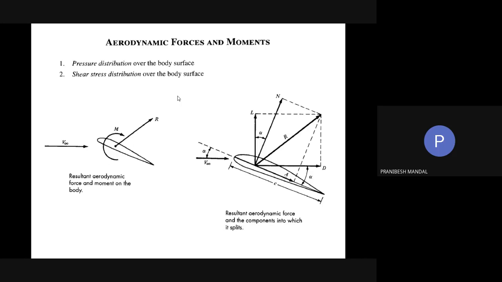So the resultant force will be very less and the lift force will be very less, and momentarily the lift required for the airplane to stay at that particular elevation may not be there.